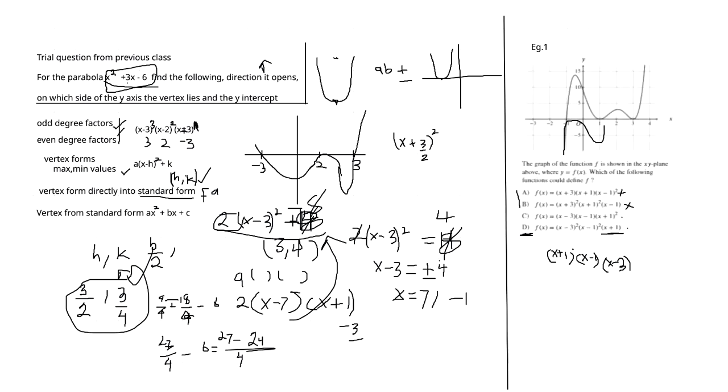Then you put negative 3 over 2 here to get the y coordinate, meaning our 3 over 4 will be wrong. So let's just use the vertex. Let's complete this, and then after that, we'll see if it matches when we put this into this equation.